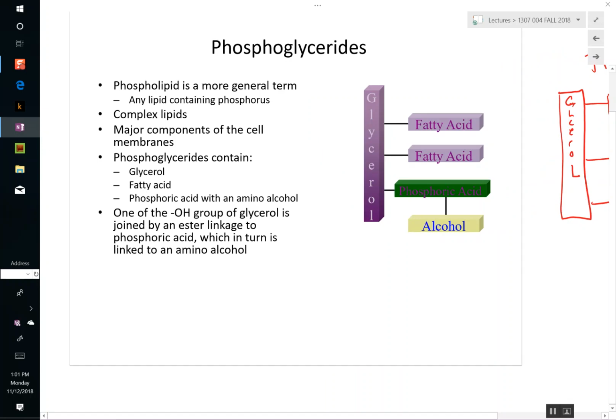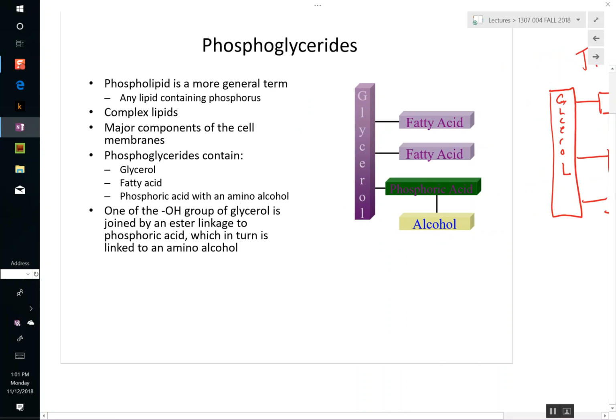Why are these important? We'll end the chapter looking at the cell membrane and what it looks like, and why it looks that way and why it functions the way it does. Phosphoglycerides are the primary component of the cell membranes of your body.